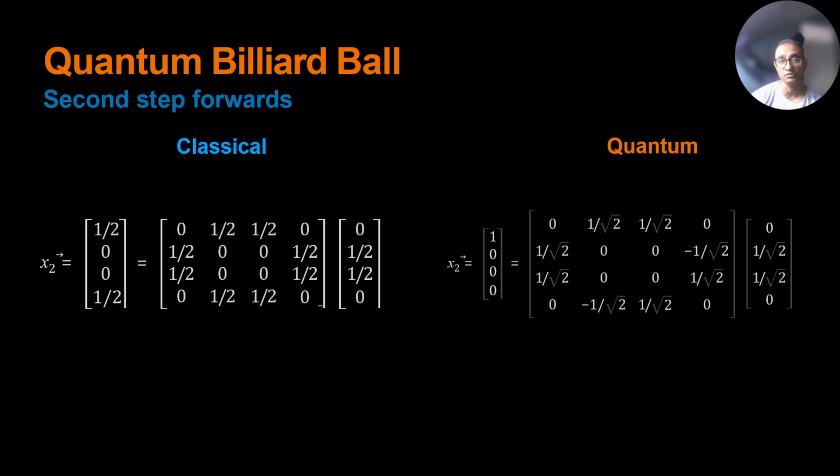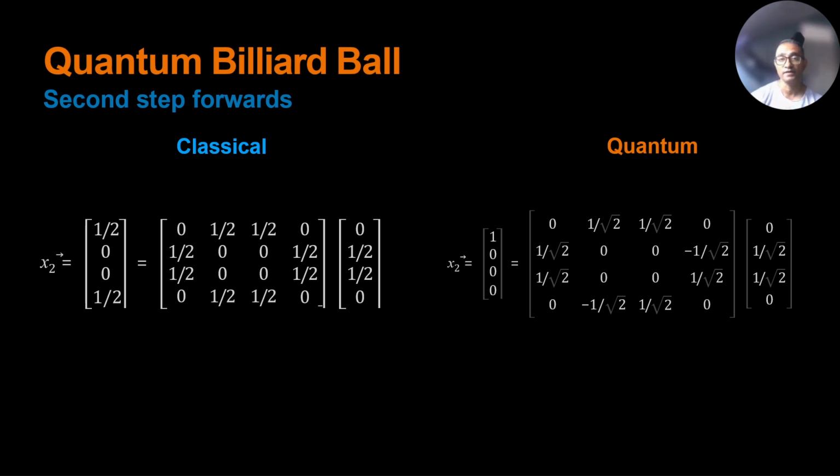But if you look at the quantum case, this has changed. If you look closely, we have gone back to our initial state. Remember that we started with the ball at vertex 1, both for classical and quantum. That's why the amplitude was represented by 1 in the vector notation, and we have come back to the same state.